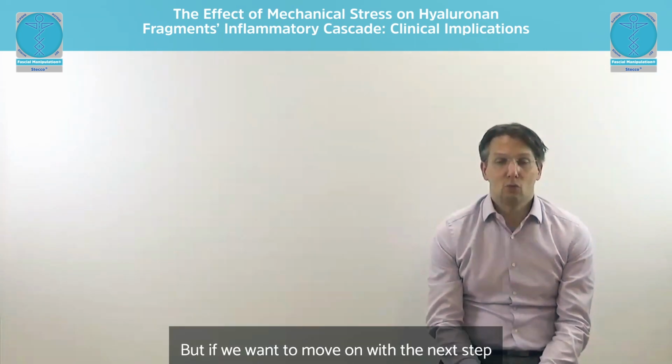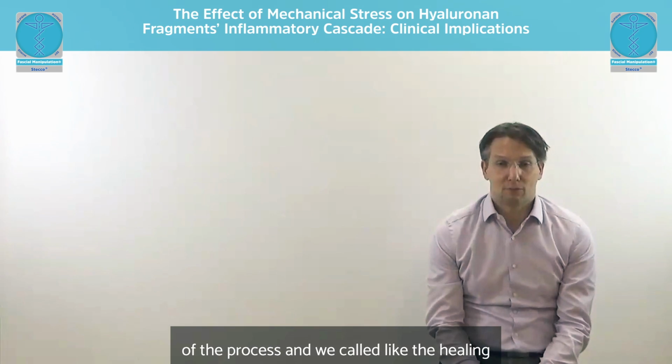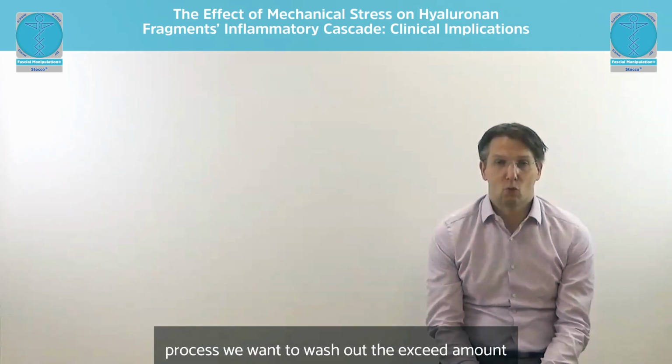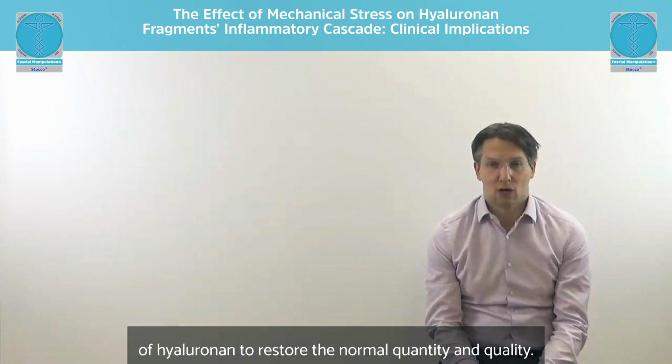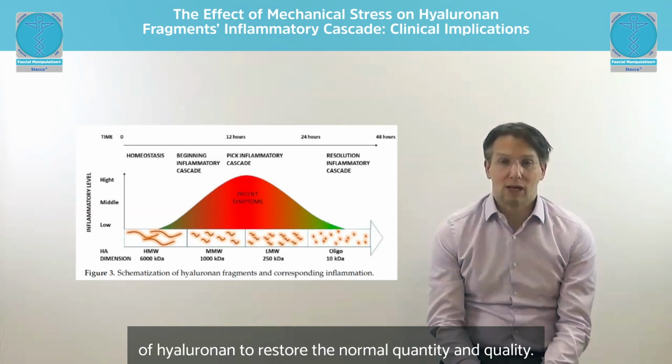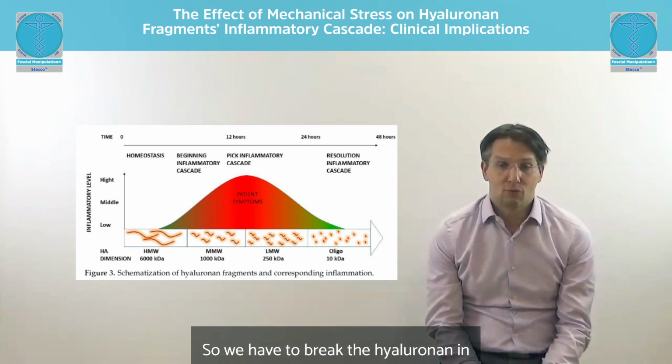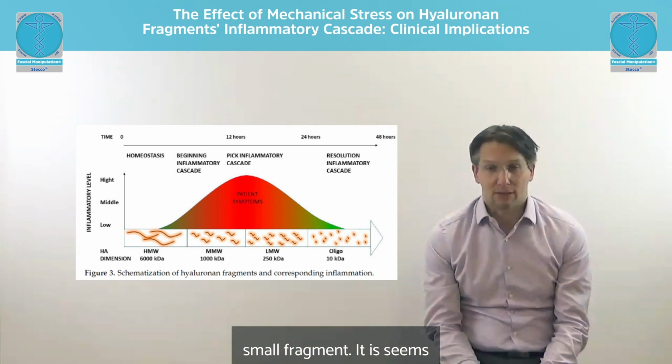But if we want to move on to the next step of the process, the healing process, we want to wash out the excess amount of hyaluronan to restore the normal quantity and quality. So we have to break the hyaluronan into small fragments.